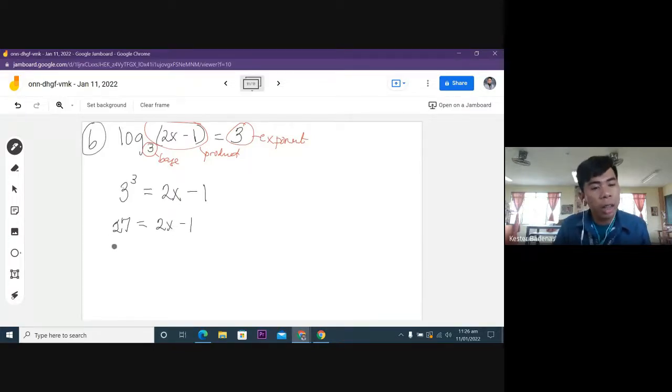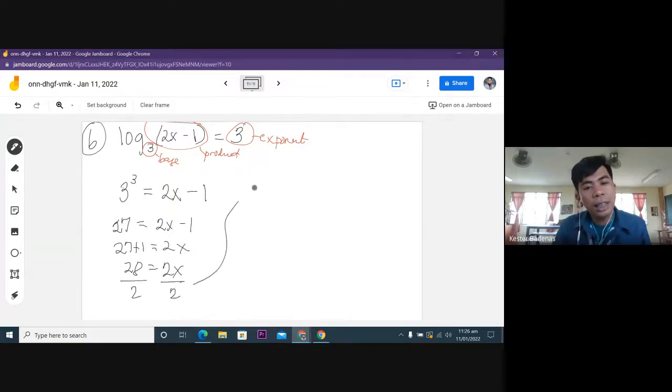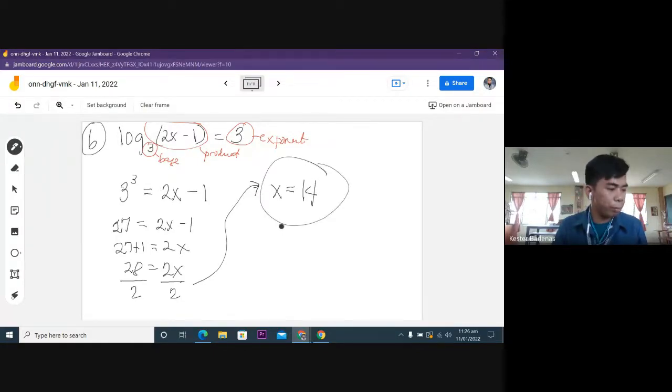Lipat natin si 1, magiging 27 plus 1 is equal to 2x, magiging 28. So 28 equals 2x. Divide both sides by 2, x is equal to 14. Ayan siya, class.